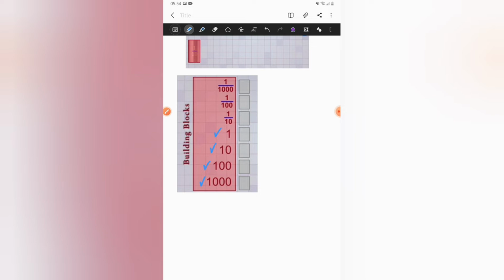If you make this one, for example, we put a number here: 3 for thousands, 4 for hundreds, 1 for tens, and 2 for the ones. We can make this one as 3412, and it is very easy for us to understand that.